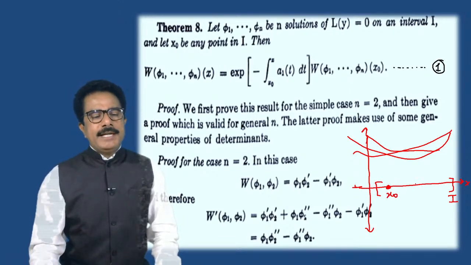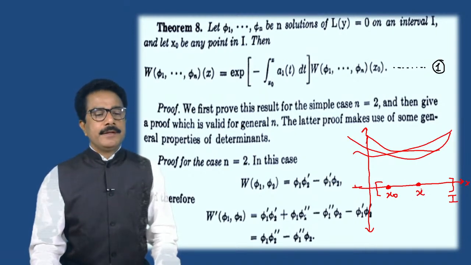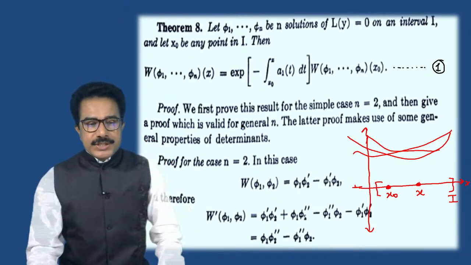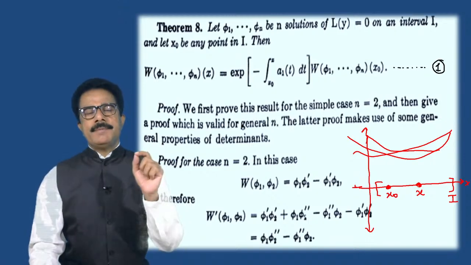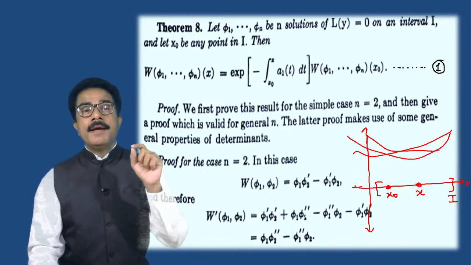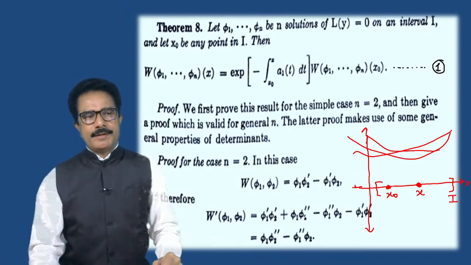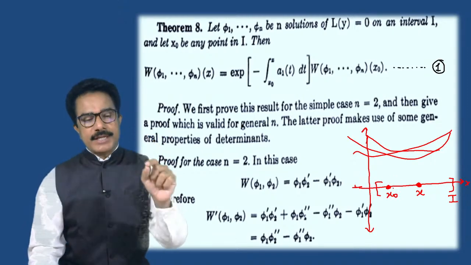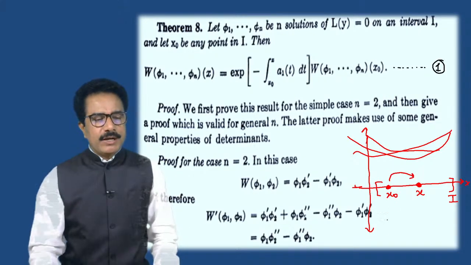Suppose x is another variable point, then we can write the Wronskian at the point x, that means the Wronskian of x by using the Wronskian of x naught. If you know the Wronskian at the initial value x naught, by using this we can write the Wronskian of x.